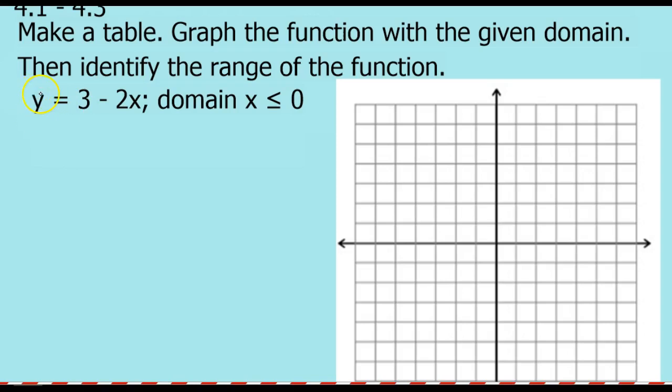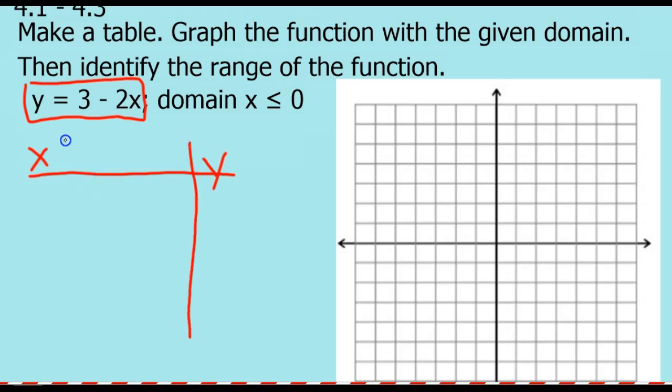Well, our function is y equals 3 minus 2x. So if we make our table, we're going to have x and y. In the middle, we'll have 3 minus, not negative 3, 3 minus 2x.